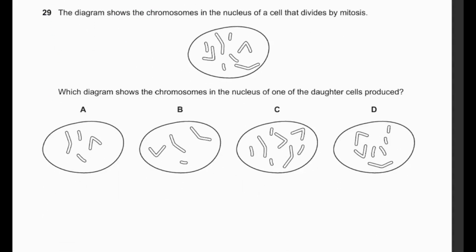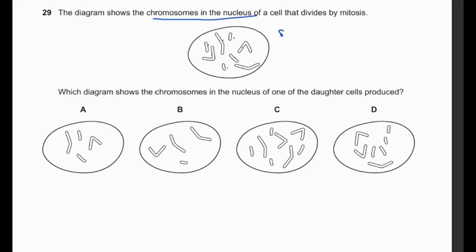The diagram shows the chromosomes in the nucleus of a cell that divides by mitosis. Okay, mitosis. Now, which diagram shows the chromosomes in the nucleus of one of the daughter cells produced? Chromosomes in the nucleus. How many are there? 1, 2, 3, 4, 5, 6, 7, 8.